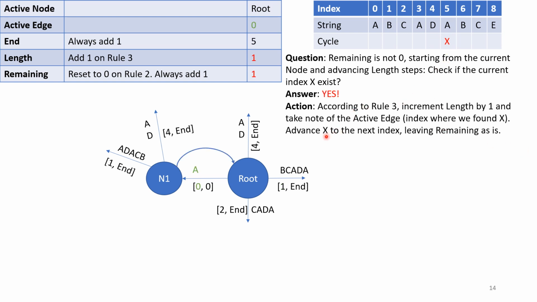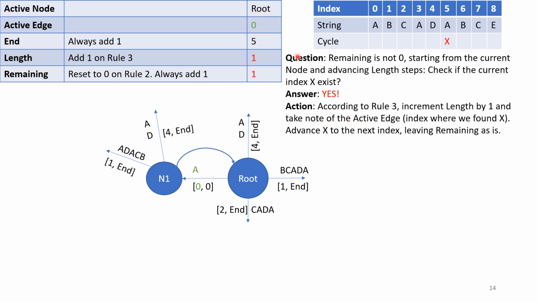So here we're gonna ask again, so do we have A? Well, from root advancing 0 length, we can see it, so we do have it. So according to rule 3, we'll increment the length. We'll take note of the active node and edge.